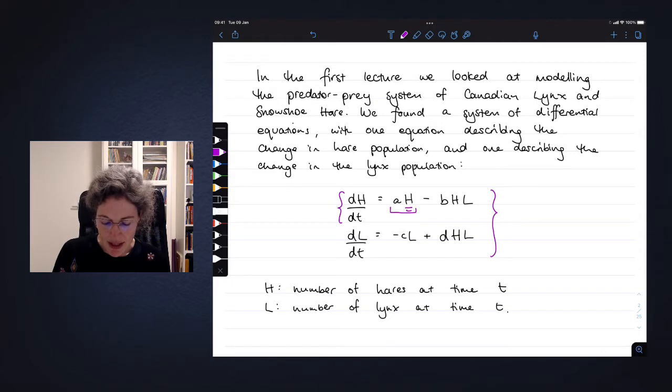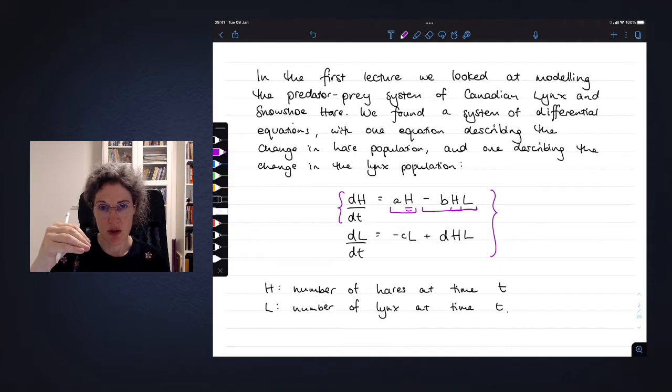On the other hand, if there are quite a lot of lynx and there are a fair number of hares, then they interact, and obviously when a hare and a lynx interact, then probably not going to end up so well for the hare, so we get a term which subtracts, which tends to decrease the rate of change of our hare population. And so we have a differential equation that describes how the hare population changes over time.